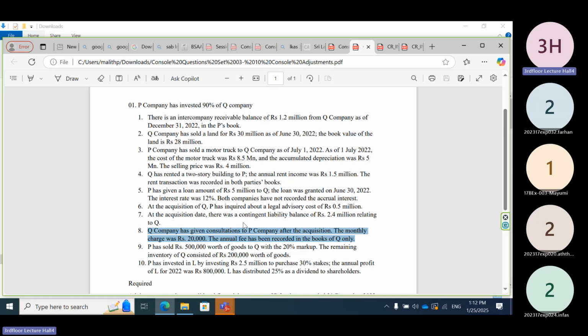So once you are having an intercompany sales transaction, you have two elements. First one, intercompany sales. Second one, the unrealized portion.